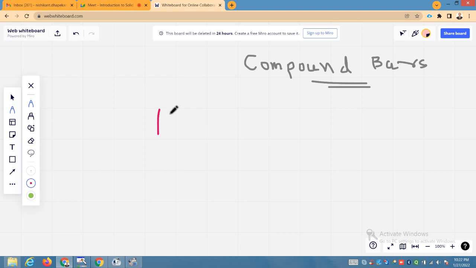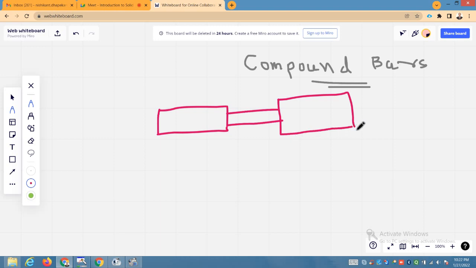Suppose this is a section, this is made up of one material, right? So if you look at this bar, it is made up of different materials and diameters.